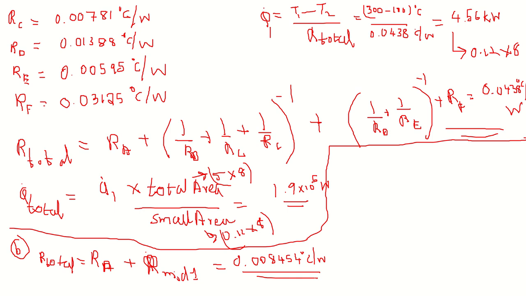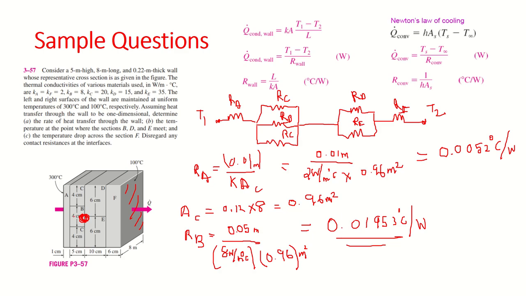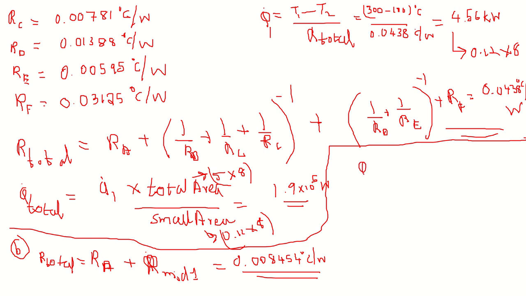So I have R total right now, right? Q dot is known, T is the one I need to find at this point, which I consider as T. So it's easy. Q dot is equal to, we'll not take the total Q dot, we'll take this cross section Q dot, because we are taking the small cross section, right?